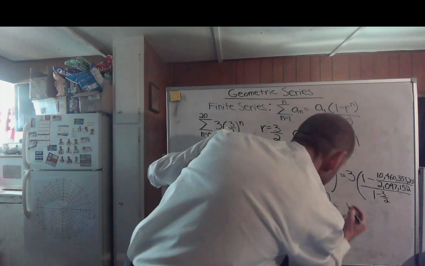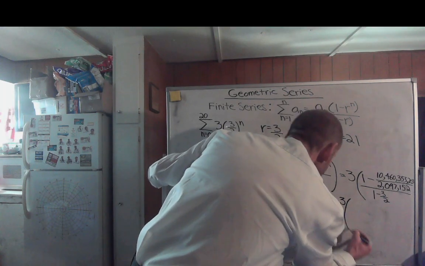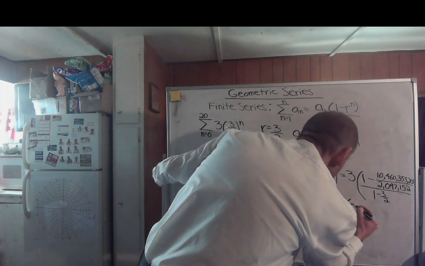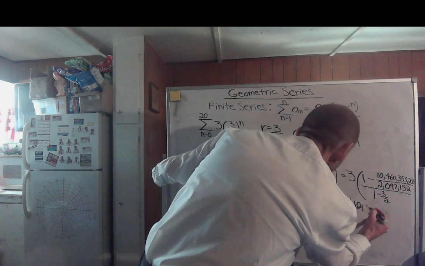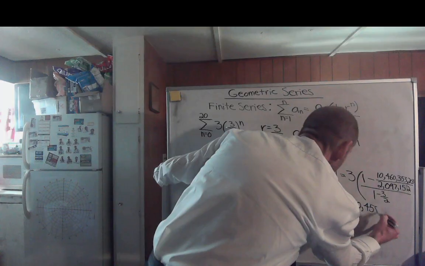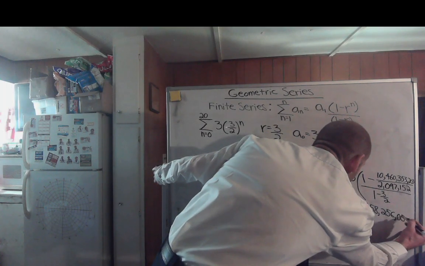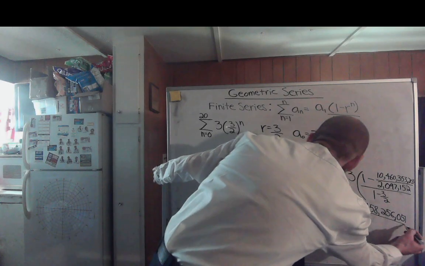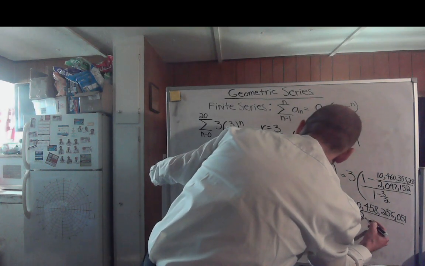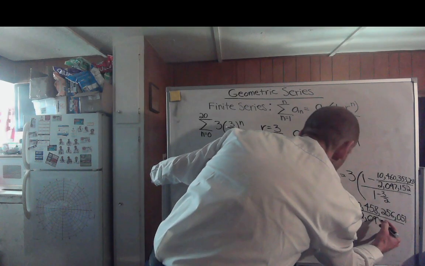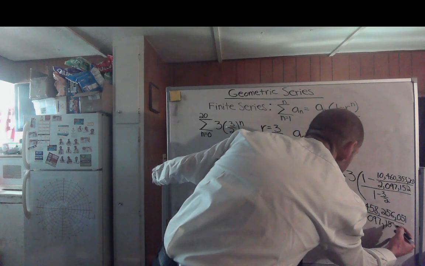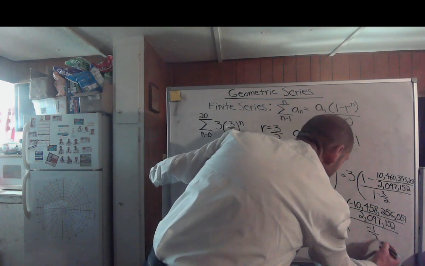Alright, so for the top numerator, we'll have 3 times negative 10,458,256,051 all over that 2,097,152 all over negative 1/2.